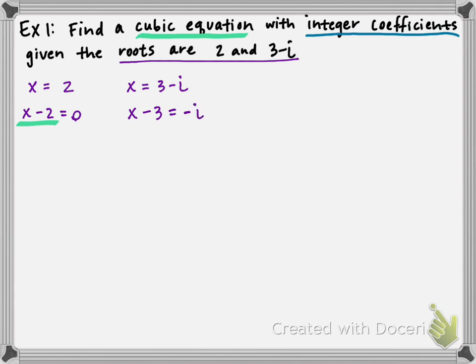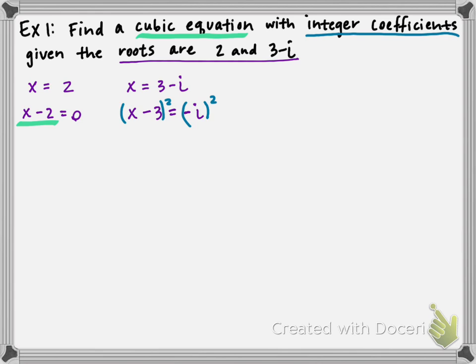But from here, what do you do? Because I need that i to say a number. I don't want imaginaries in my factors. So what I'm going to have to do here is square both sides. When I square both sides, remember what i squared is, right? Well, if i is equal to the square root of negative 1, then i squared is equal to negative 1.